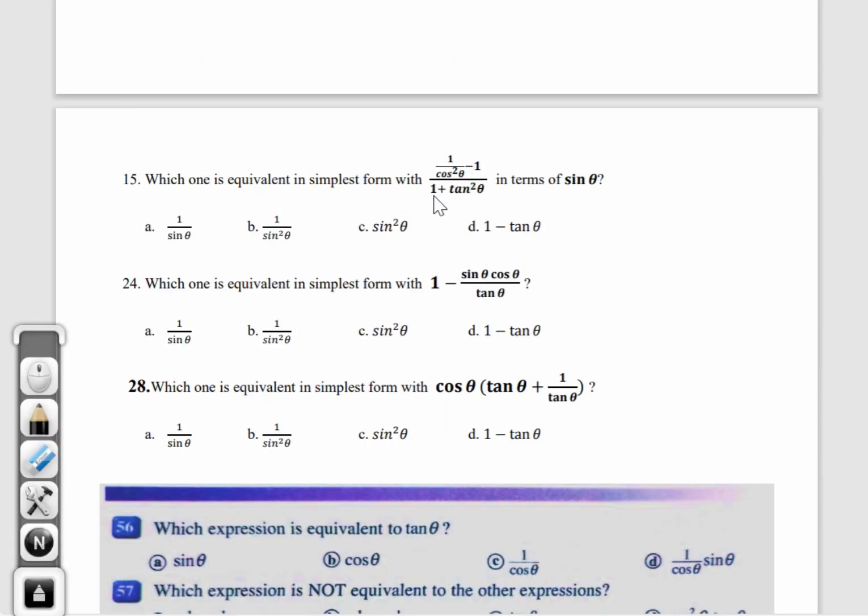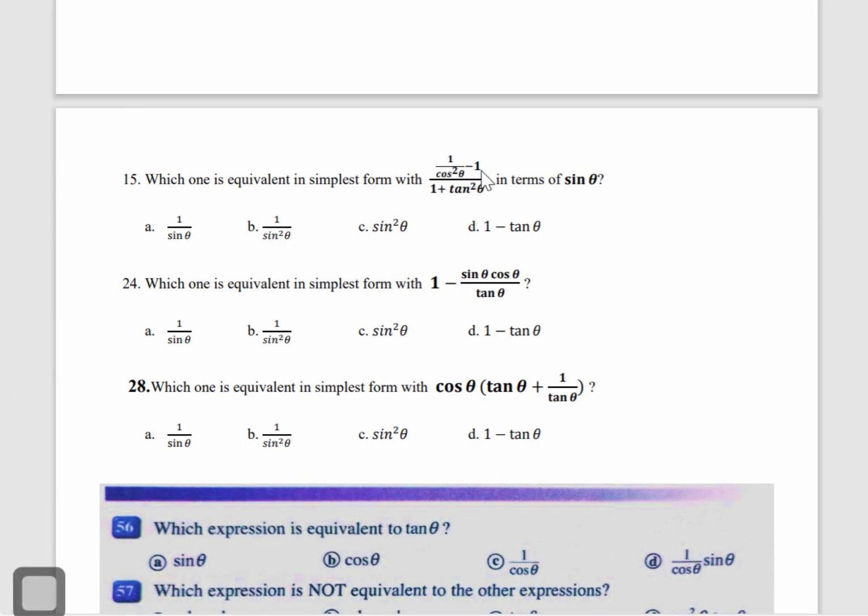For example number 15, first we have to look at the numerator. We have to find like denominator for both of them. So we can solve it here. 1 over cosine squared theta minus 1. Here we have denominator, which is 1 multiplied by cosine squared theta, and that one multiplied by cosine squared theta.